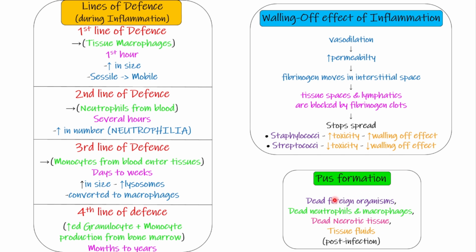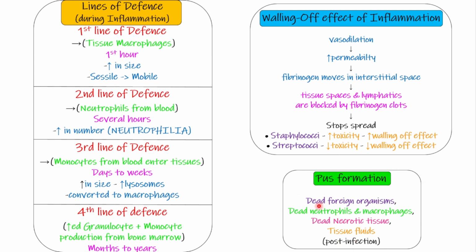There might be a few dead bodies of the enemy or a few injured and dead bodies of the soldiers, along with the buildings being destroyed due to the war. So the combination of this whole war zone is known as pus.